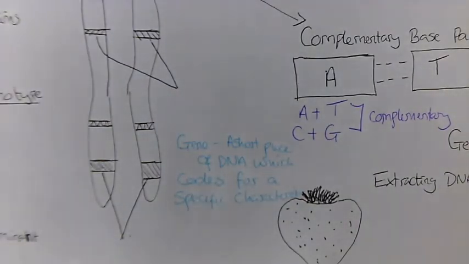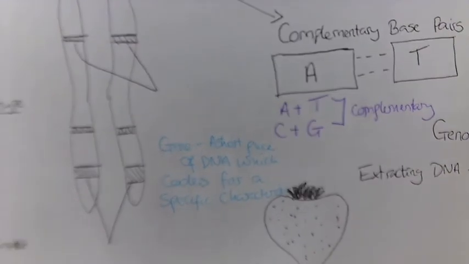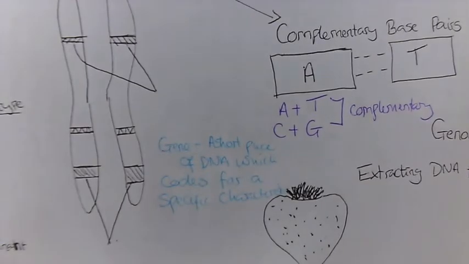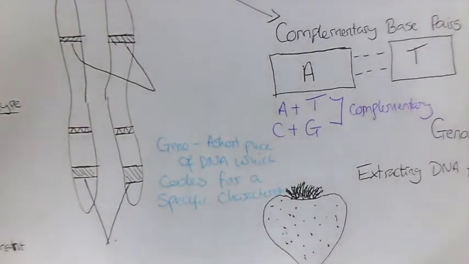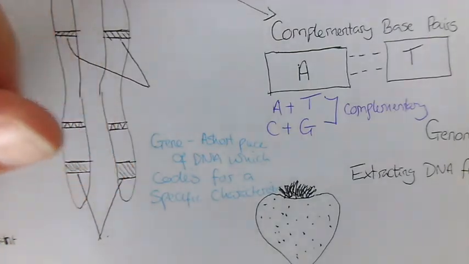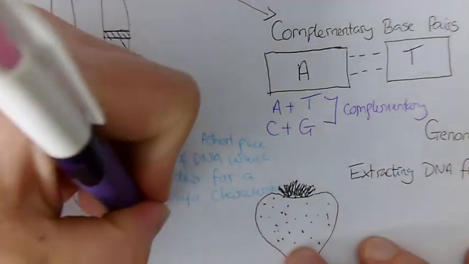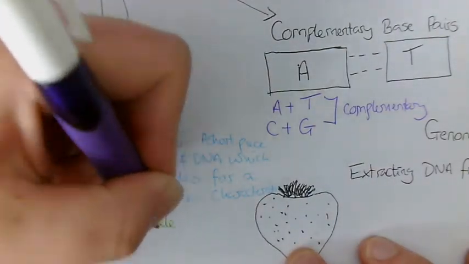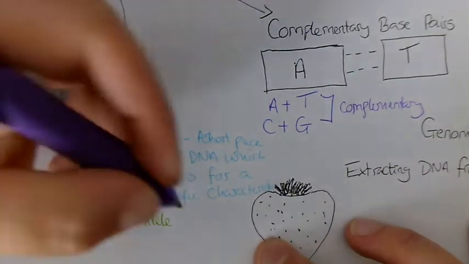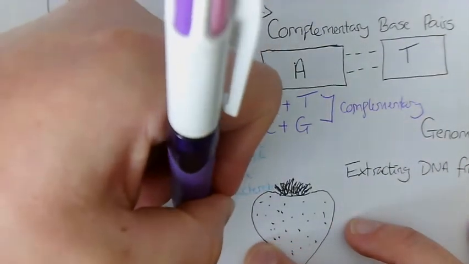An allele then is many different versions of the same gene. So an allele are different versions of a gene.